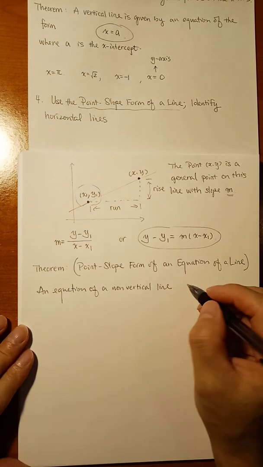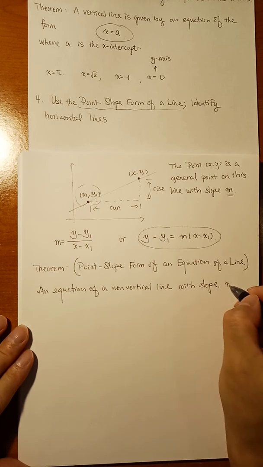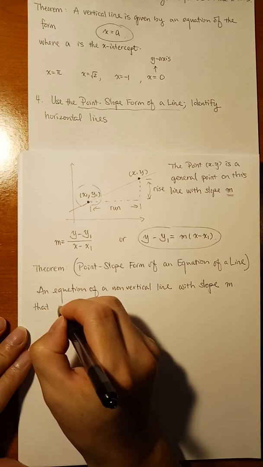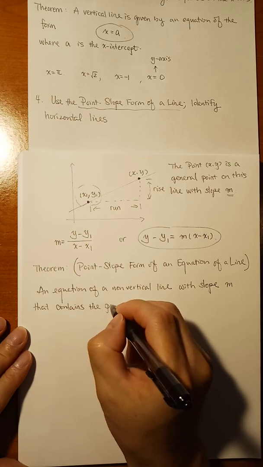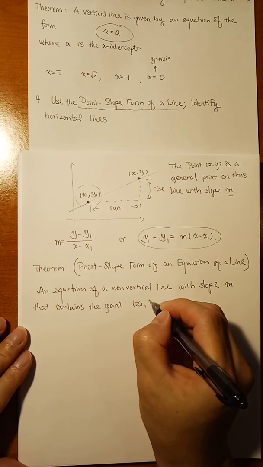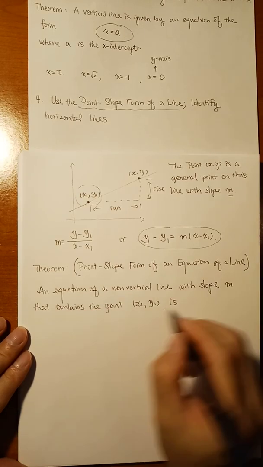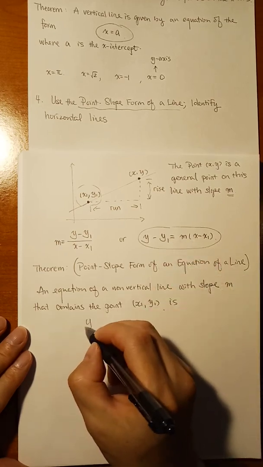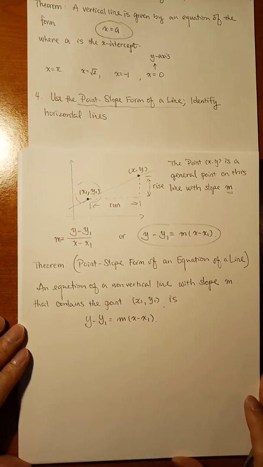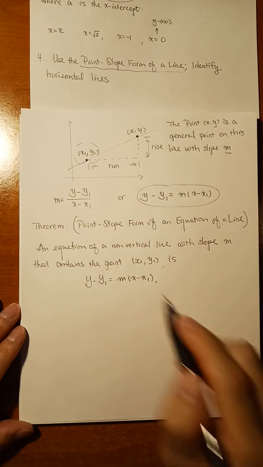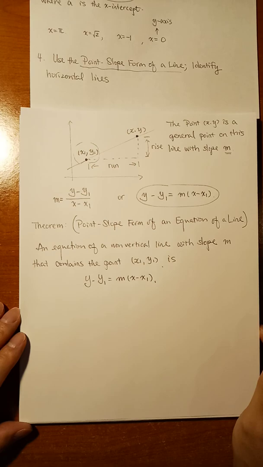A non-vertical line with slope m that contains the point x1, y1, this is the coordinate of the point, the equation is just this: y minus y1 is equal to m times x minus x1, period. This is the point slope form of the equation of a line.